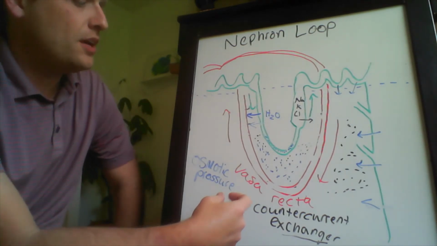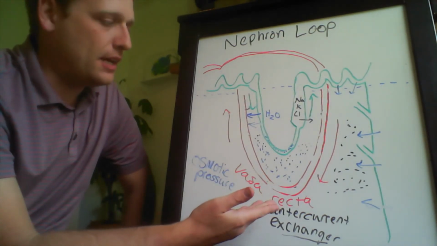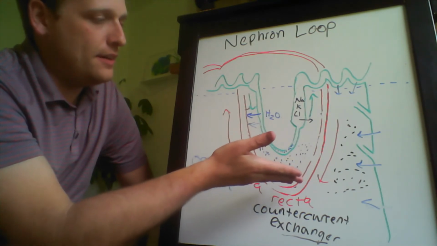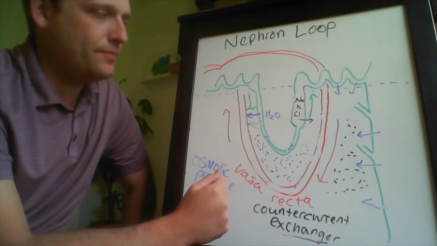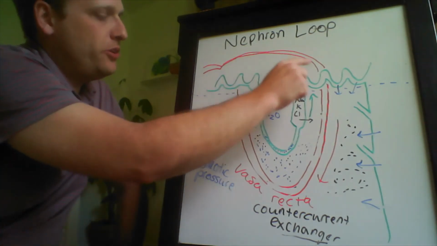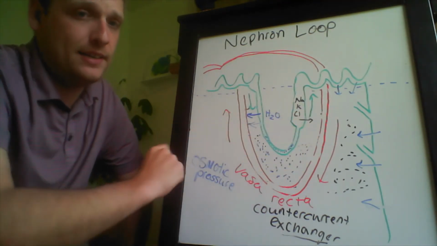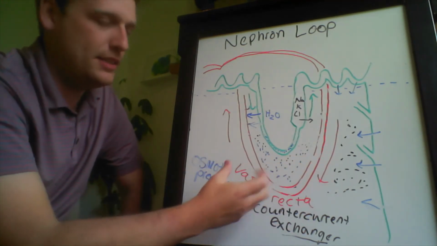So I first want to start by saying the renal medulla contains tissues that still need a blood supply. And so the peritubular capillaries are going to provide that blood supply to keep the tissues out here healthy.